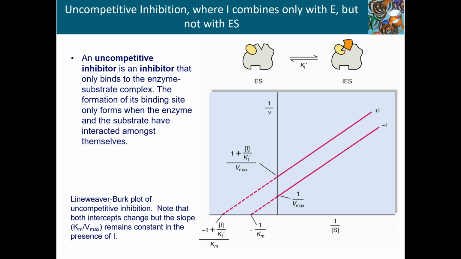The slope remains constant in the presence of inhibitor. So slope doesn't change, which means 1 over Vmax isn't changing. However, you do see a shift in our Km values because of these shifts with minus inhibitor plus inhibitor. But when you have these multiple parallel lines, you know you have an uncompetitive inhibition.